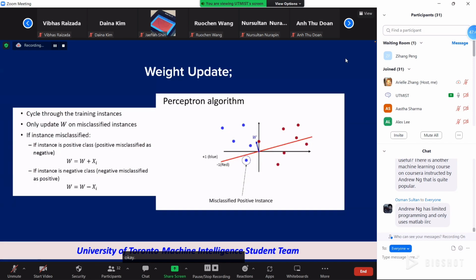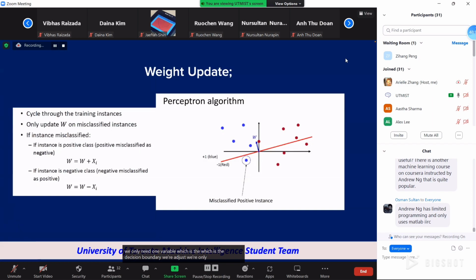In this case, we only have one vector variable, which is W. Because this is such a simple task, we don't have many inputs. Essentially, we only need one variable, which is the decision boundary.